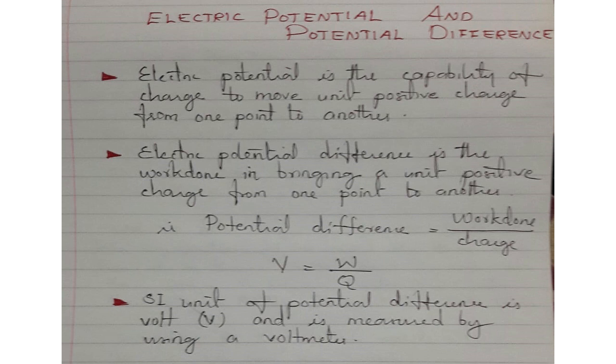As we studied earlier, electric current is measured by using a device called an ammeter. Here electric potential is measured by using a voltmeter, and the voltmeter is always connected in parallel in a circuit. Remember that an ammeter is always connected in series in a circuit.